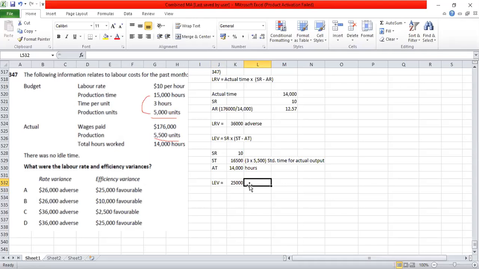When we look into that, the standard time is 16,500. But how much did they take? They took only 14,000. So this is a favorable variance. So the option will be C. The answer is C.